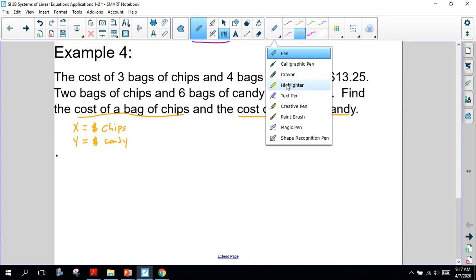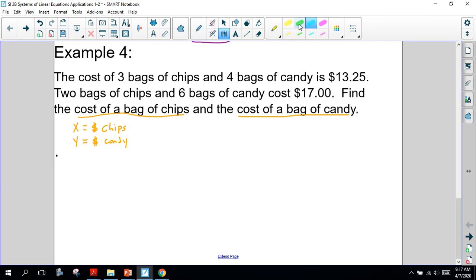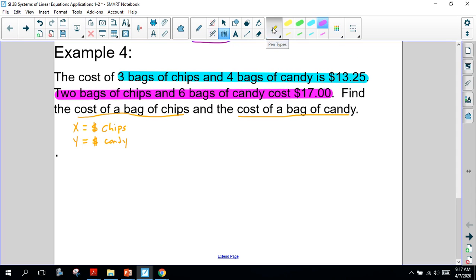Very much like the last one then, we'll go ahead and highlight. We've got 3 bags of chips, 4 bags of candy, and that is $13.25. First sentence is going to be our first equation. Then it says here we've got 2 bags of chips, 6 bags of candy costing $17. Second sentence, second equation.